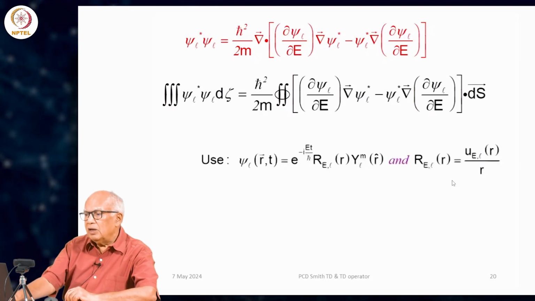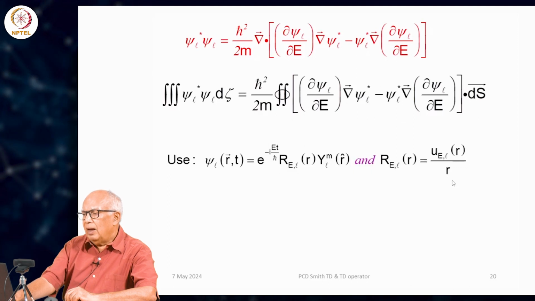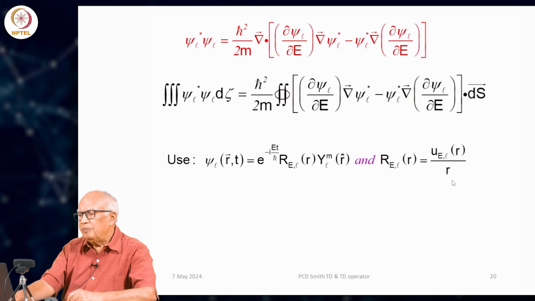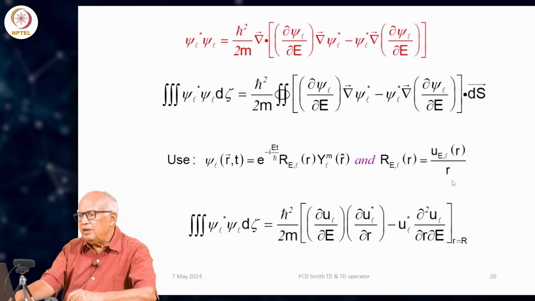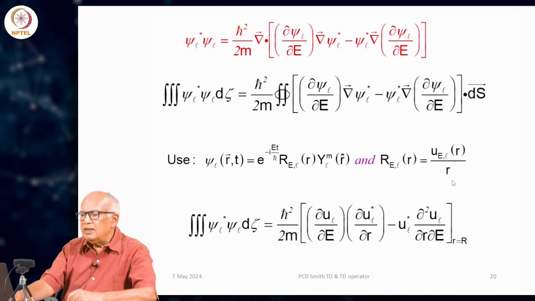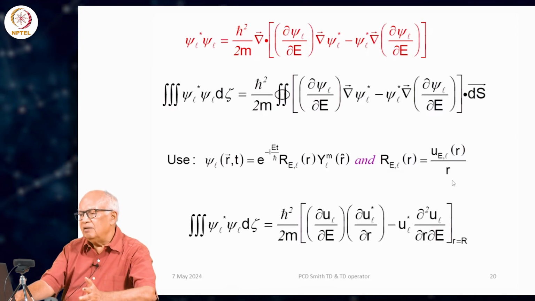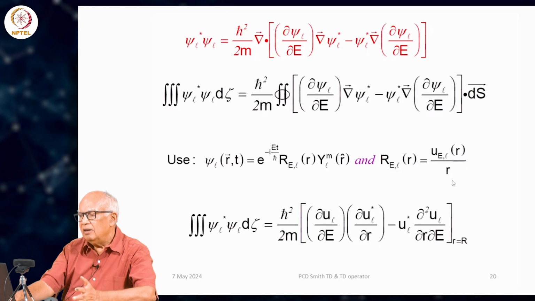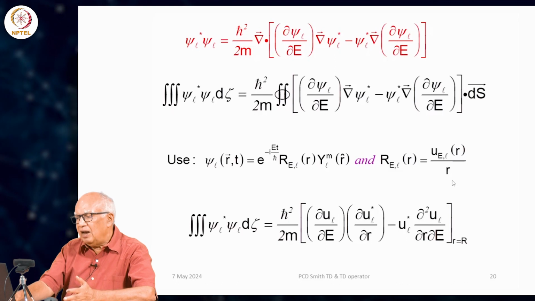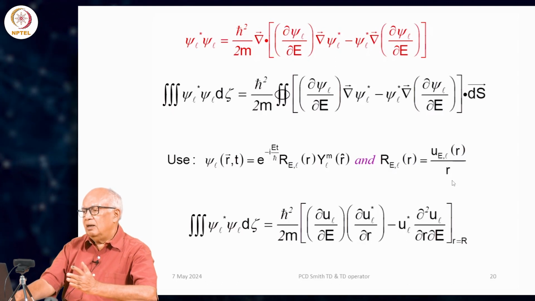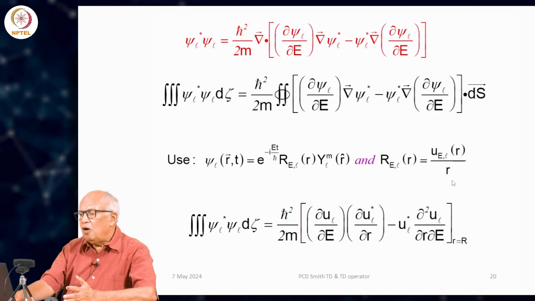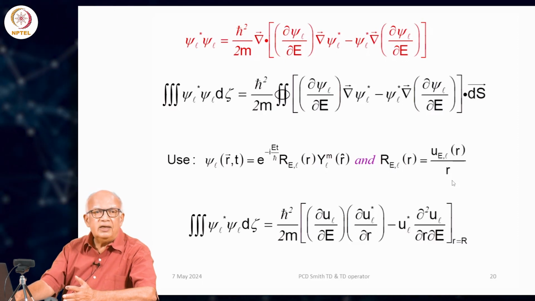We have made use of the Gauss's divergence theorem, and now we make use of the relations that we have introduced earlier and rewrite this in terms of u rather than psi, because psi we write in terms of r and r we write in terms of u, and we have surface integrals which will involve integrations over angles.